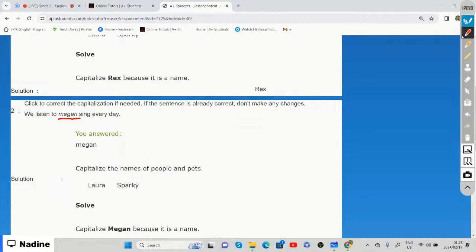Or do we need to capitalize Megan's name? And if we rewrite or correct the sentence, then we say we listen to Megan, with a capital letter, sing every day. So Megan is capitalized, right? Capital letter M for Megan because it's the name of a person.